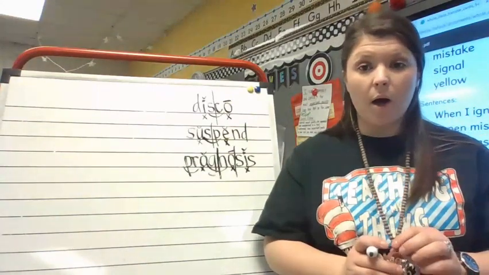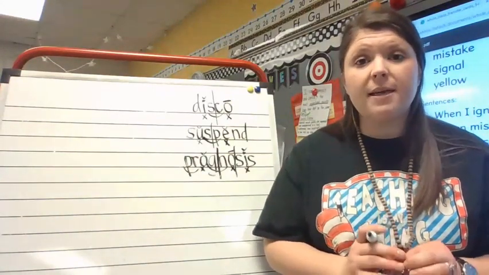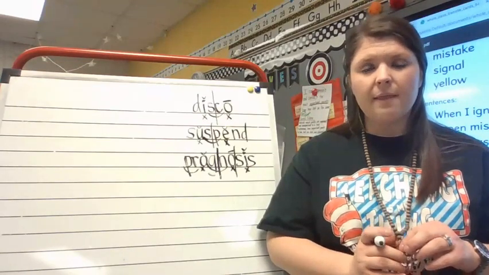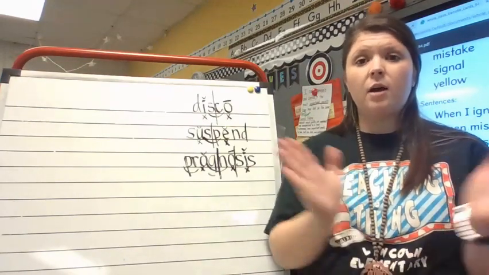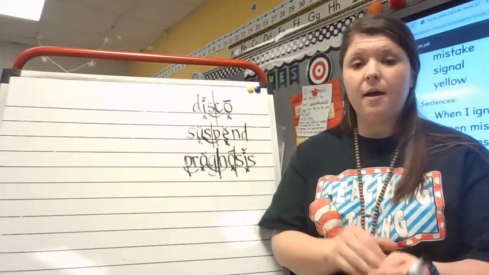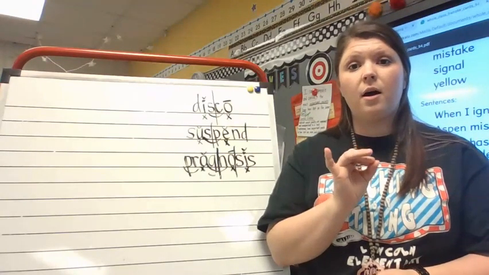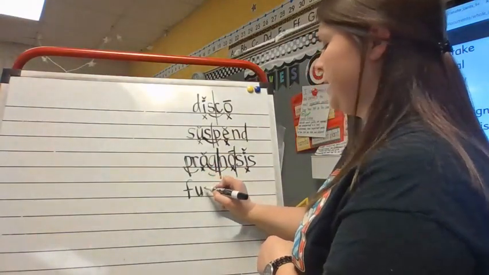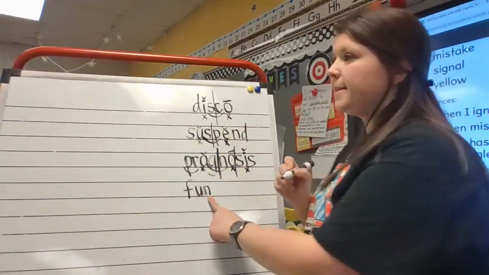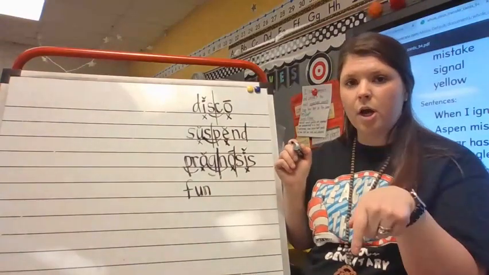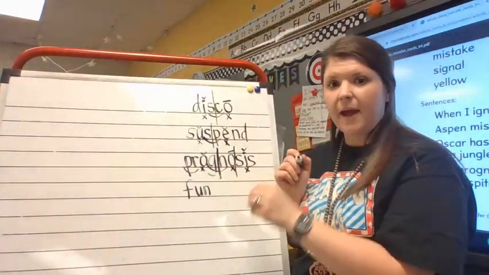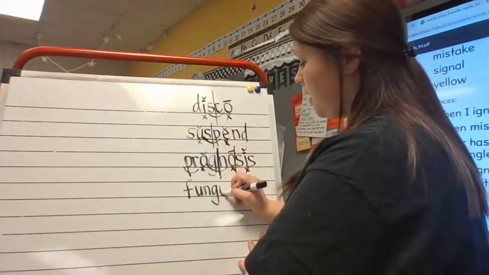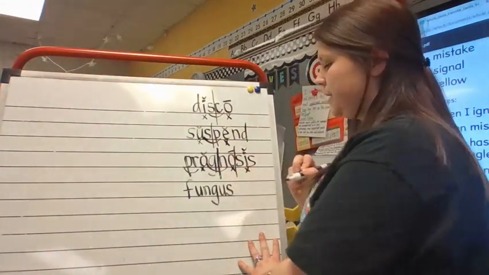All right, now we're going to look at a word that has a special vowel combination in it. This word is fungus. Say the word. Let's clap the syllables. Fungus. Okay? Fun. I know it's kind of hard to hear that N after it, but remember, N is a nasal consonant, so it comes through our nose, so that vowel can blend into that N, but it's still there. Fungus.